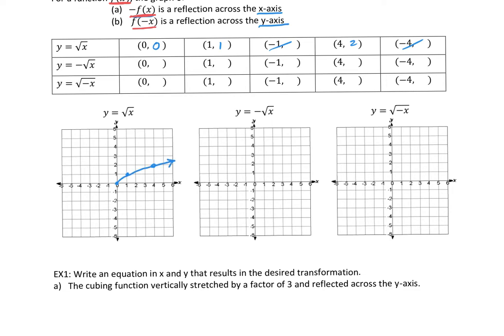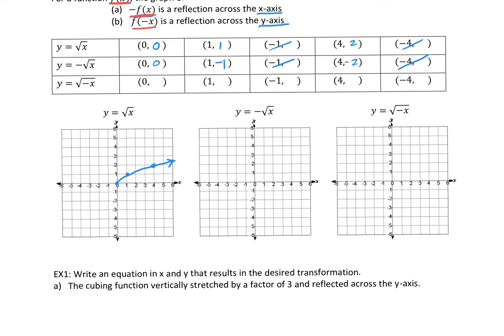All right, so now let's go ahead and graph our next function. Let's bring the negative on the outside, put in 0 for x, we get 0. Put in 1 for x, we get negative 1. Put in negative 1 for x, it does not exist. If we put in 4, square root of 4 is 2, but it's negative 2. If we put in negative 4, that does not exist.